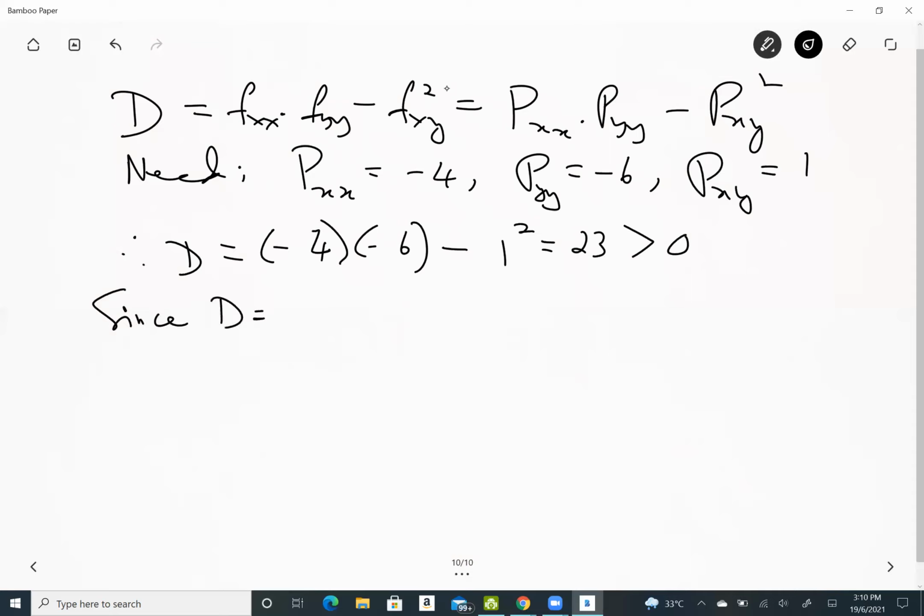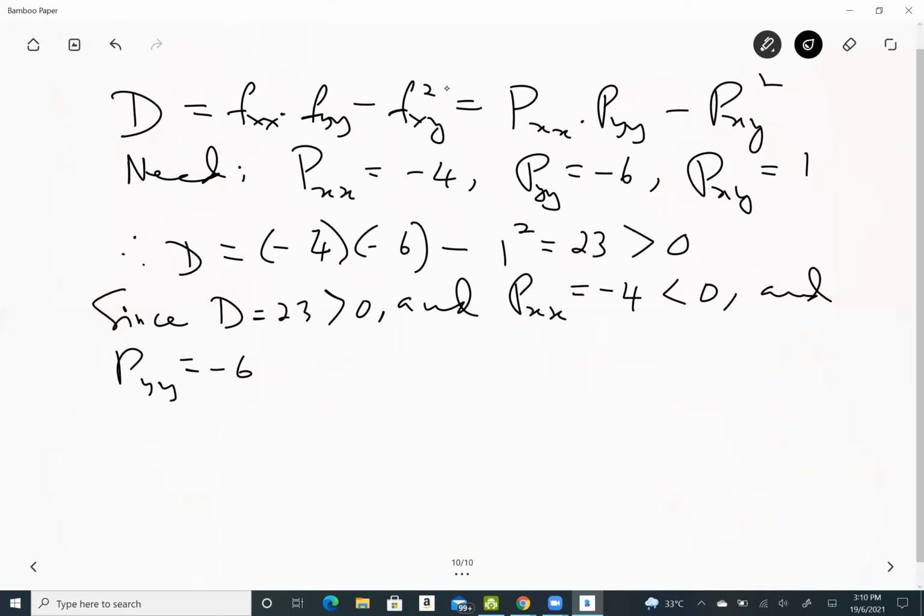Since D is equal to 23, bigger than 0, and you take Pxx, which is the additional condition for maximum and minimum, equal to -4, and that is less than 0. And Pyy is equal to -6, and that is less than 0 also.